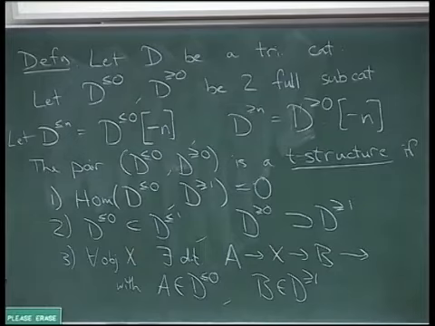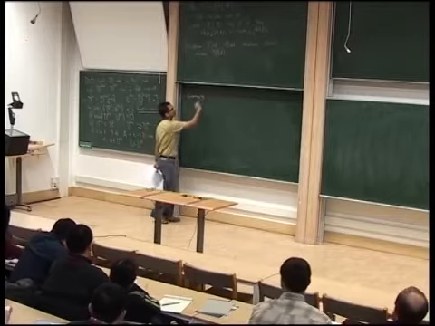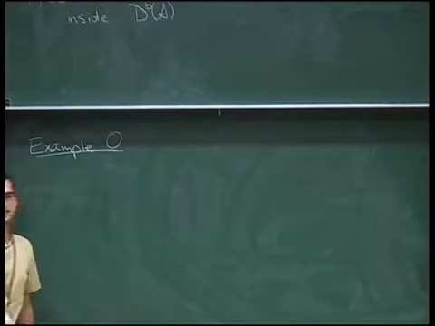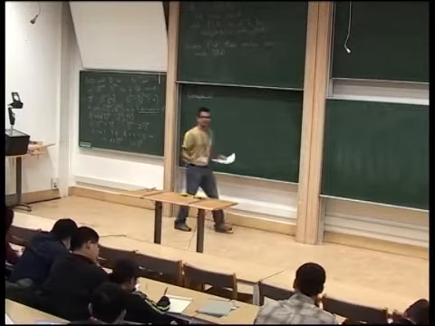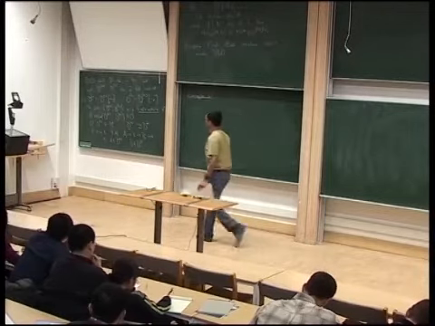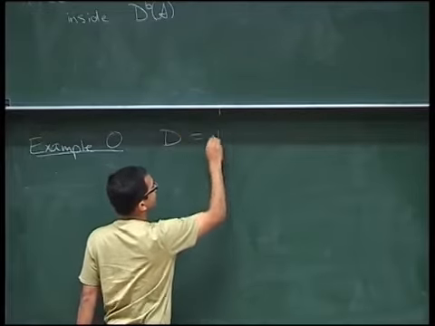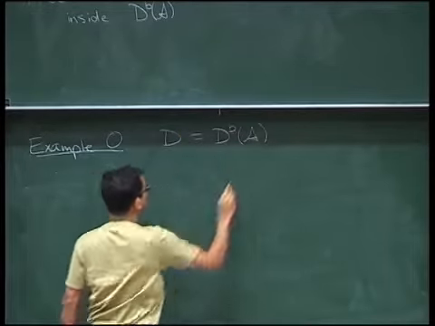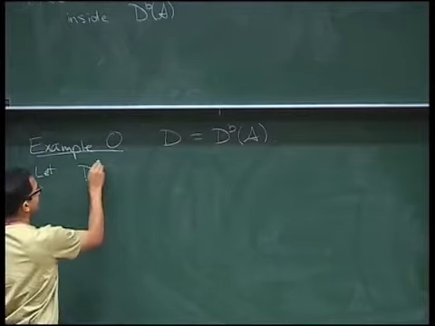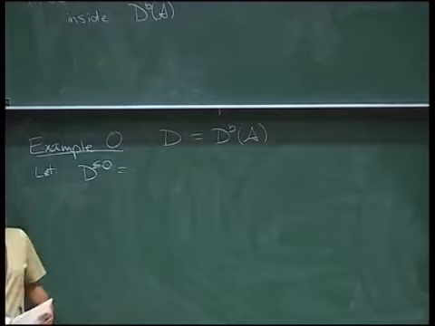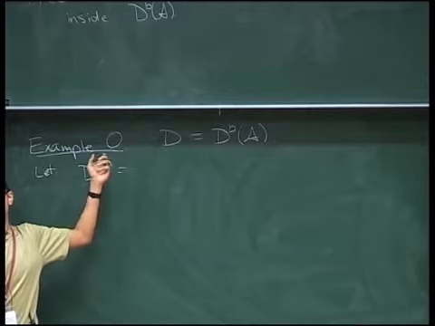So here's an example. I'll call this example 0. The motivation for this definition is that every derived category comes with an obvious t-structure, and here's how that works. Let's take D to be the bounded derived category of an abelian category. What we're going to do is interpret these superscript inequalities as telling you where you're allowed to have cohomology.